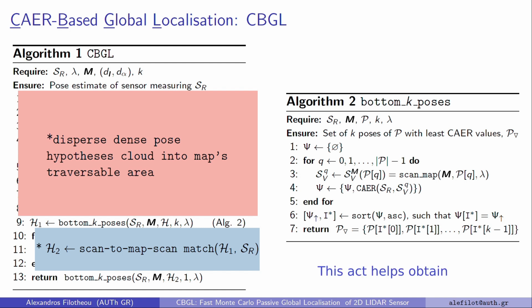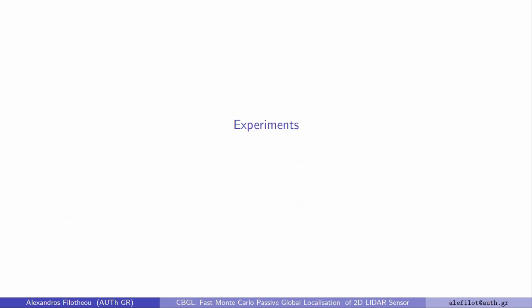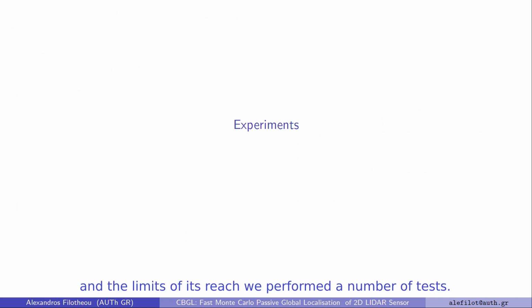This act helps obtain lower error estimates, helps by diverging false positive estimates, and disengages the output from the input position and orientation density. In the end, CBGL calculates the CAIR values of the outputs of this process and selects the one with a minimum value.